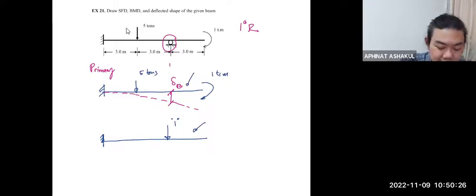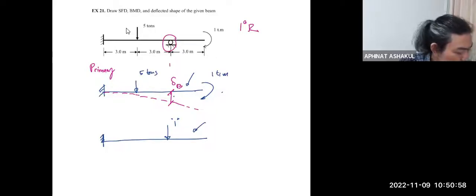But you have to be careful, because when you apply the unit load for the calculation of the actual load, you still have zero moment here. So in this, you don't really need to write them. But keep in mind, when you look at this B, the moment at B is not zero. It begins with -1, right?